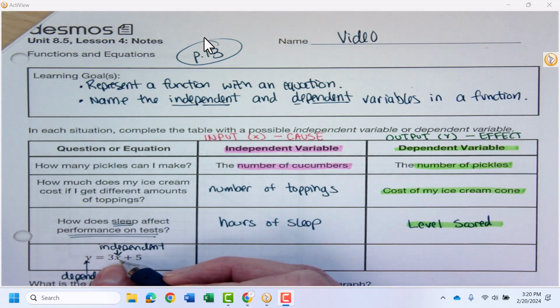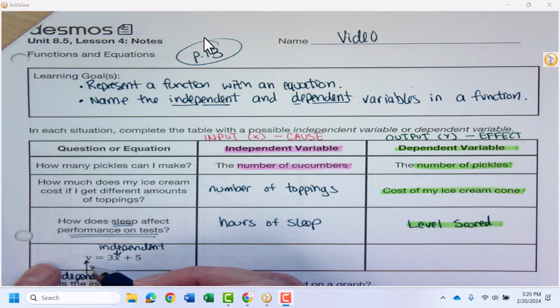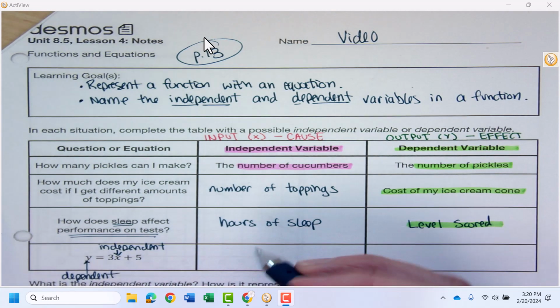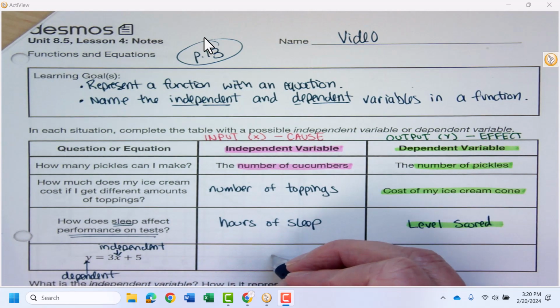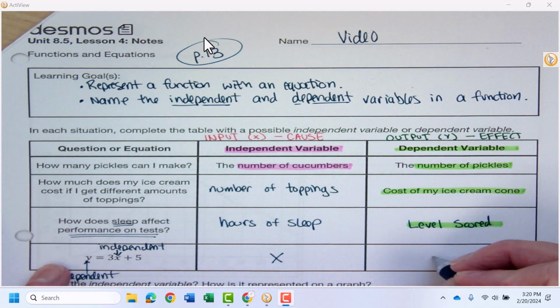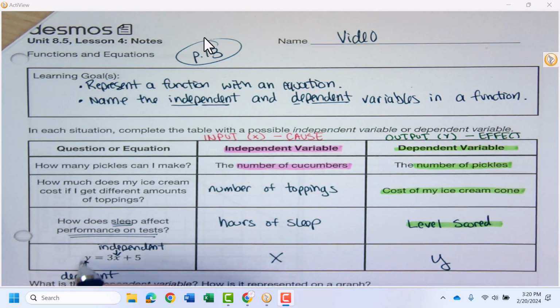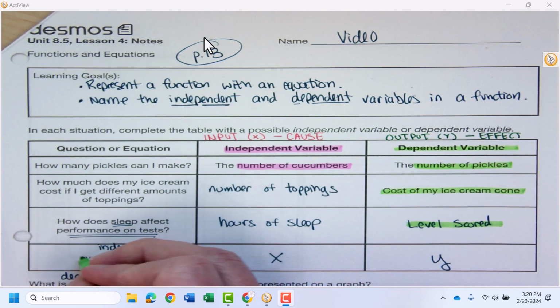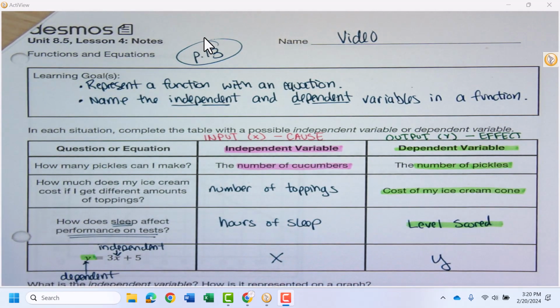That goes into the function machine. This rule happens, and out comes a y. So x is my independent variable. That's what I put into the function machine, and out pops my dependent variable. So whenever you see an equation, whatever it's solved for, that's the dependent variable. Its value depends on what you put into the equation.